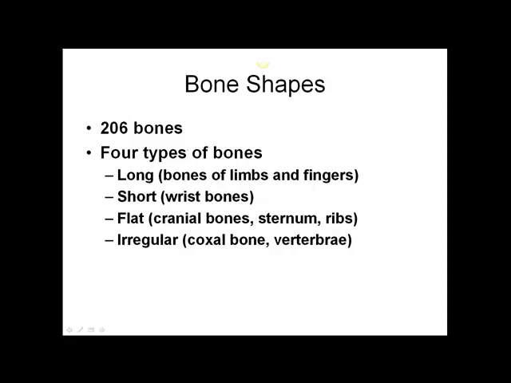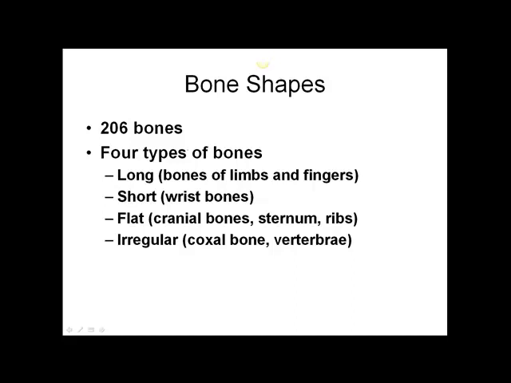We have 206 bones in the body, and anatomists do what they do. They have to classify everything. So the classifications are long bones, short bones, flat bones, and irregular bones. The irregular bones are the coxal bones, the sacrum, the vertebrae.